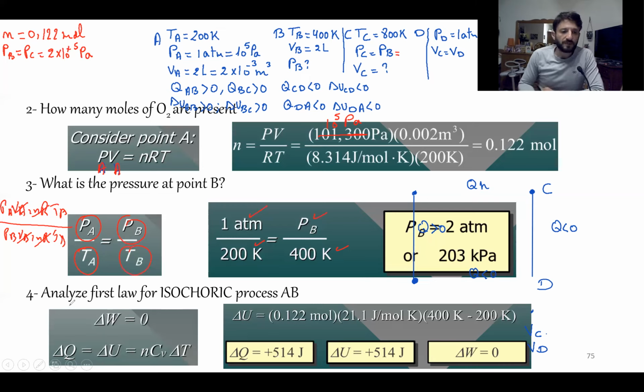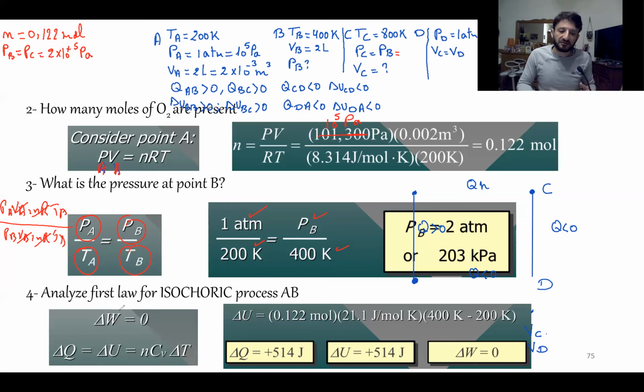Okay, we go analyze first law for isochoric process AB. What I mean by analyze the first law, you know the first law, delta E equals delta Q minus dW. I want to analyze, it means you have to find dQ, delta U, and delta W. You know, in the case of AB, we have a constant volume.